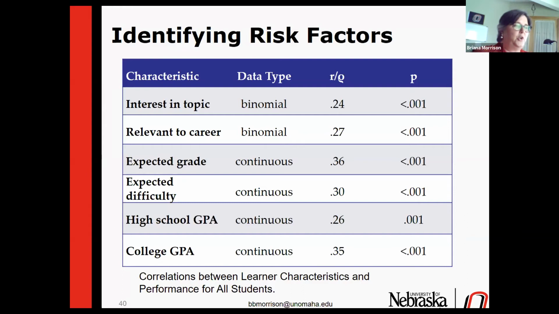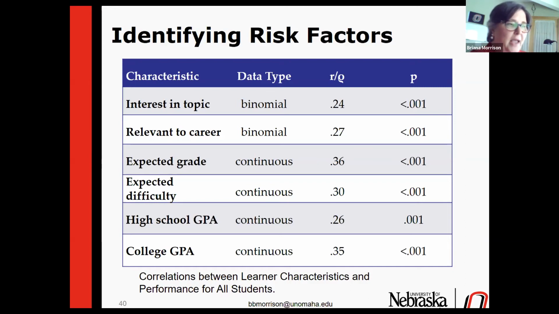Then we identified what we called risk factors. We wanted to look at the demographic background of the students that were there. What we noticed is that, looking at potential risk factors, there were no learner characteristics that we gathered that correlated with the SOLO scores whatsoever.